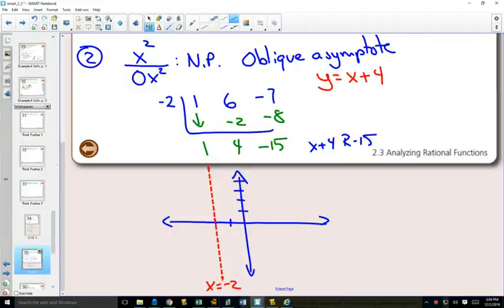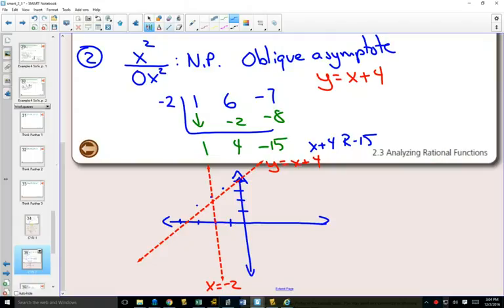You're going to have 4 as a y-intercept and a slope of 1. And we can label that asymptote as well.